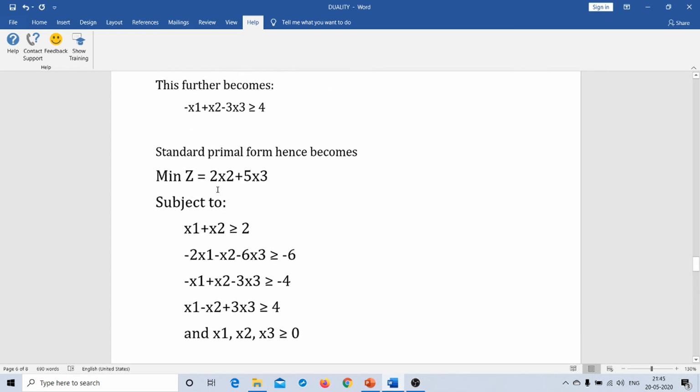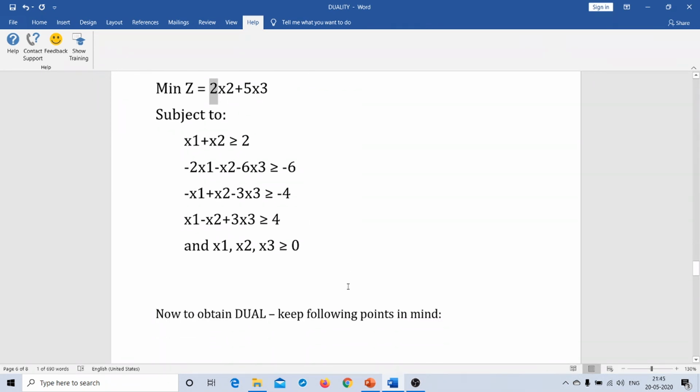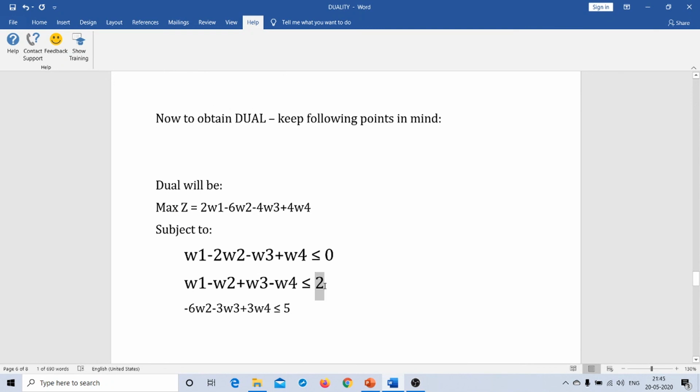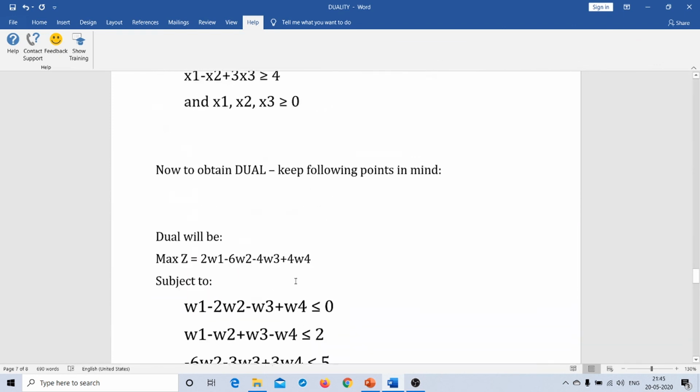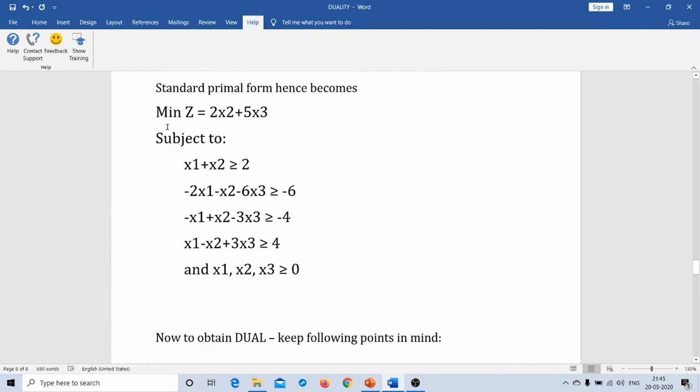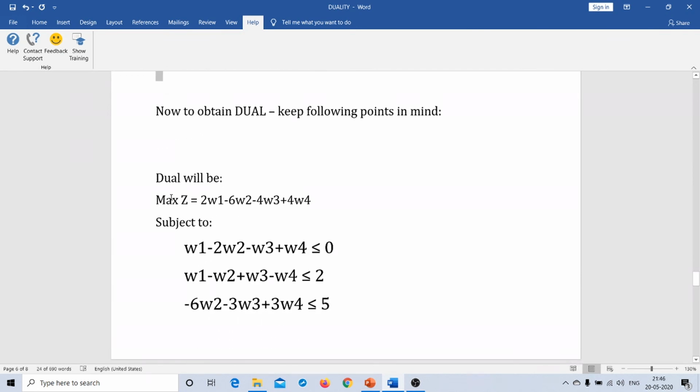And then the coefficient of the second decision variable in the objective function, that is 2 here, becomes the right hand side of the second constraint. Similarly my third constraint of the dual will be like this, and hence the dual of this particular primal is nothing but this one.